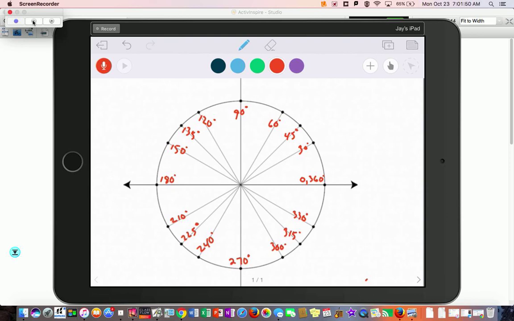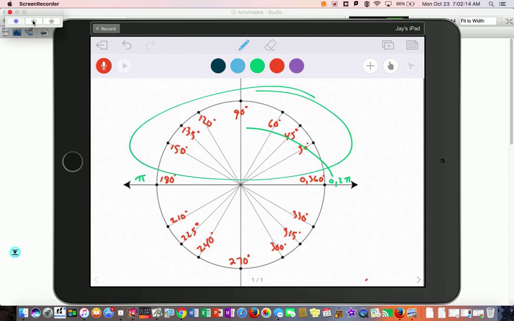The radians kind of do the same thing. We're going to do 0 or 2 pi. And then half of the circle, so if I just do the top half to here, half of 2 pi is pi. Then looking at the top half of the circle, I just want half of it.